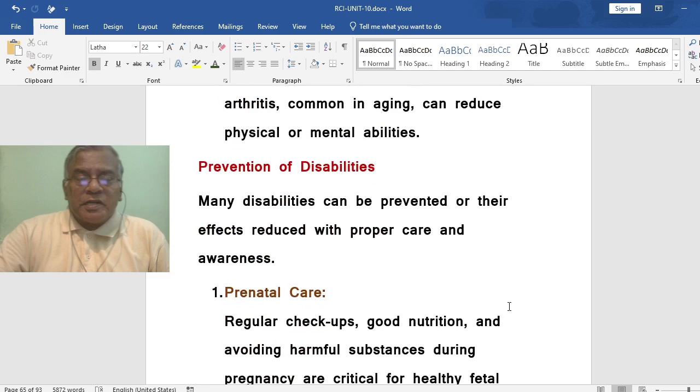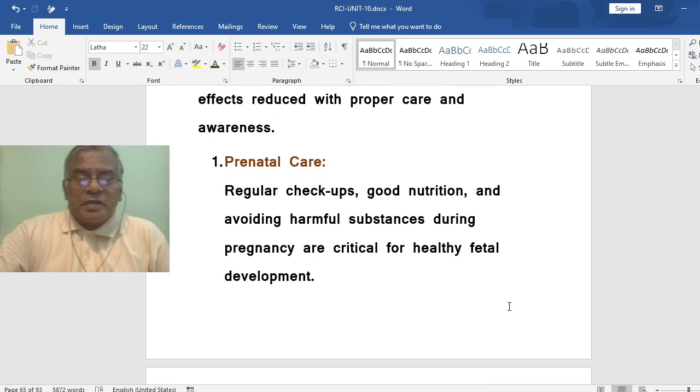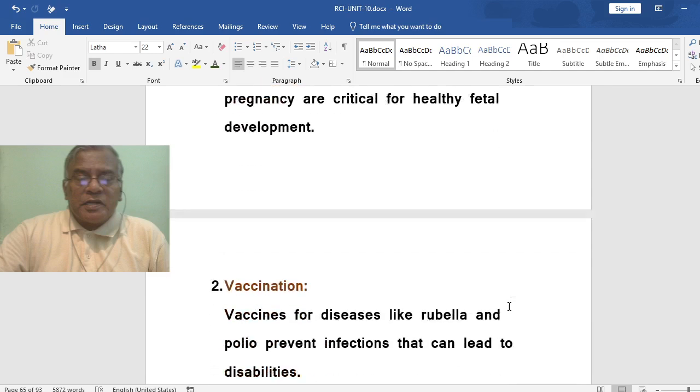How to prevent disabilities? Many disabilities can be prevented, or their effects can be reduced with proper care and awareness. How to do this? Prenatal care. Regular checkups before the birth, good nutrition, and avoiding harmful substances during pregnancy are critical for healthy fetal development.